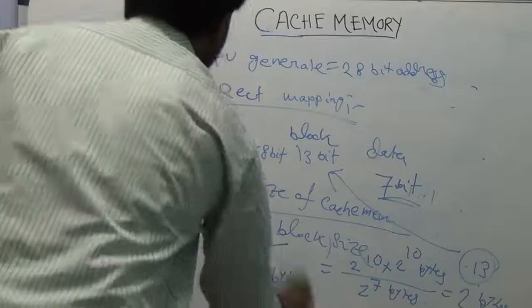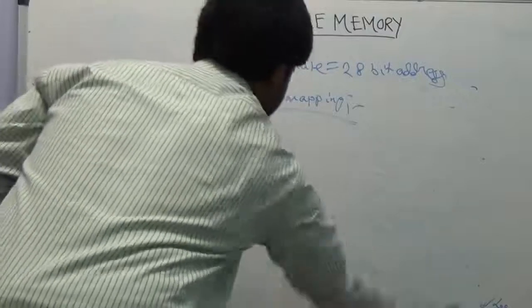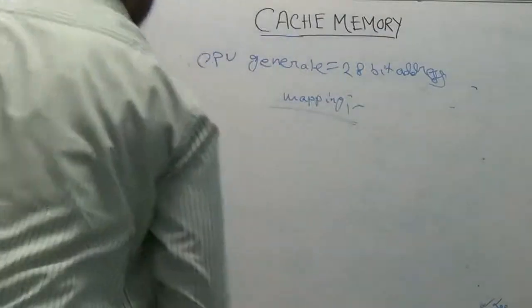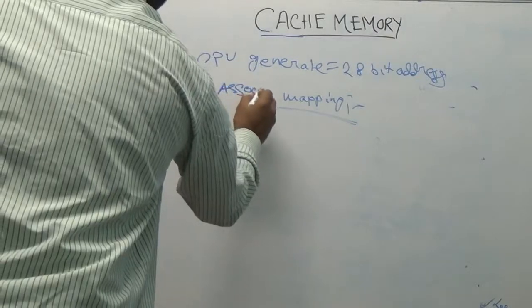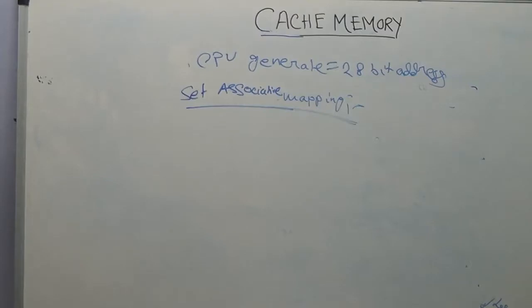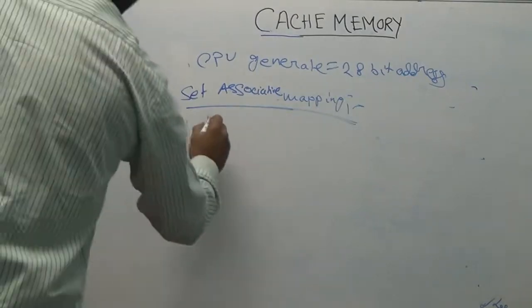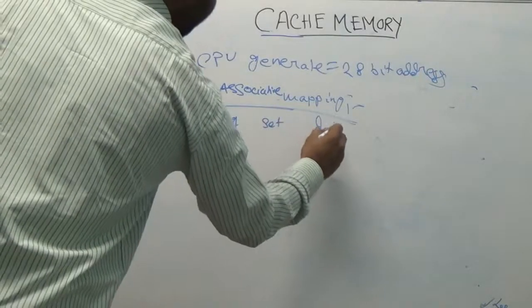Next comes set associative. In case of the set associative mapping technique, there are three fields. One is tag, set and data.